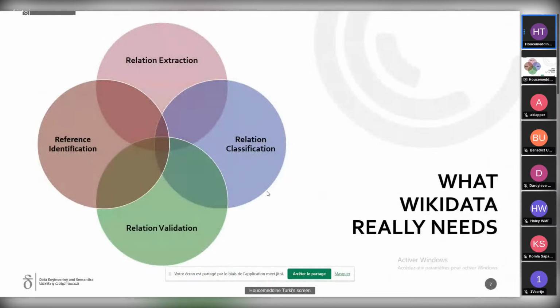So, as you already know, Wikidata is a structured ontological database that represents information in the form of RDF triples. This means that we have the subject, the predicate, and the object. To enrich Wikidata with semantic information in many domains, we need some tools, some computer methods and programs.